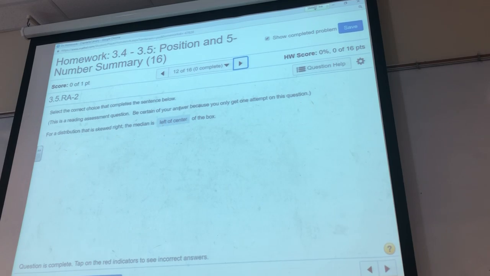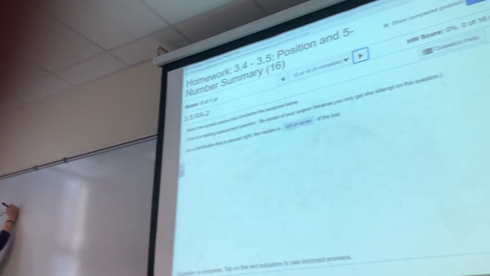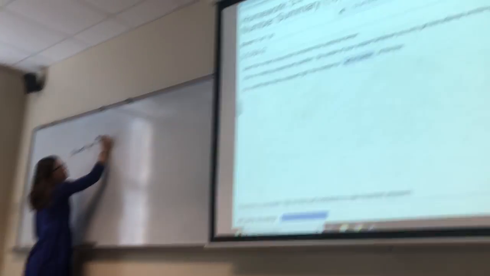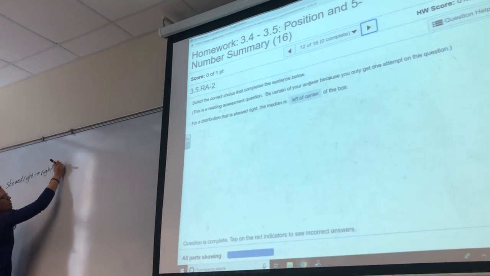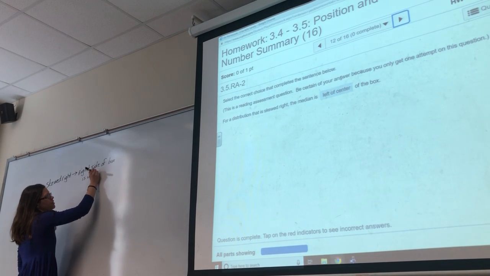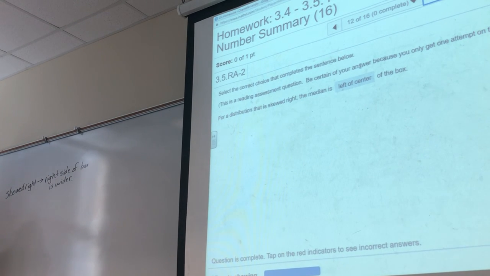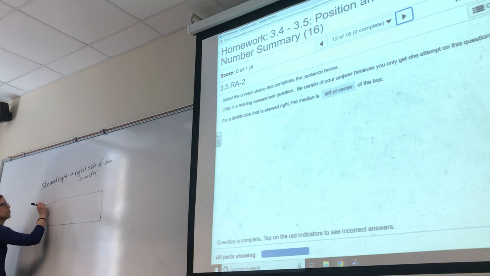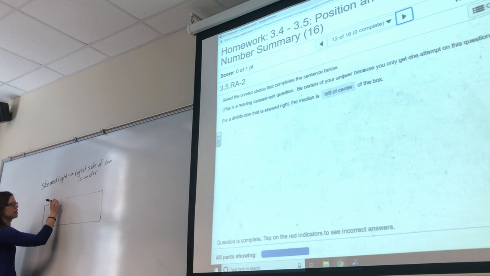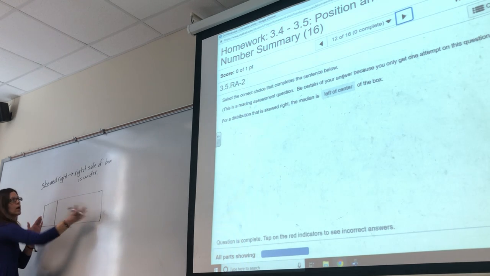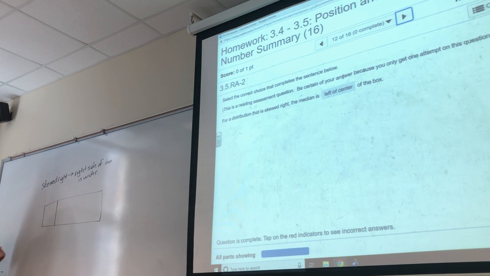So if it's skewed right, based on our criteria, that means that the right side of the box is wider. So if I graph out what that looks like and kind of maybe exaggerate it a little bit, if I've got my box and my right side is wider, that means that my line will be maybe about right there. Here I've got the right side, it's a lot wider. My left side over here is a little bit more narrow.